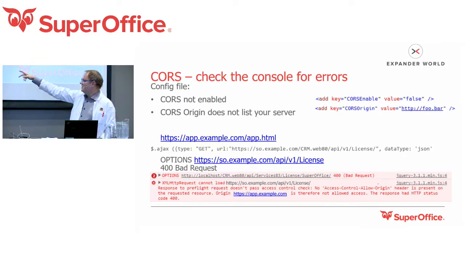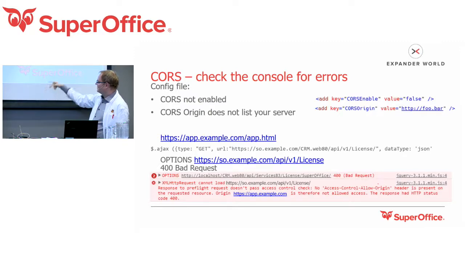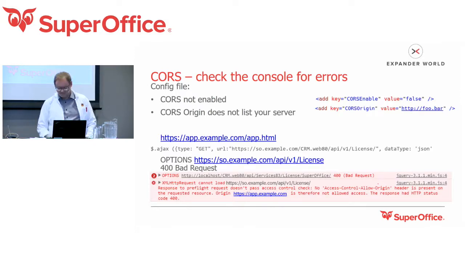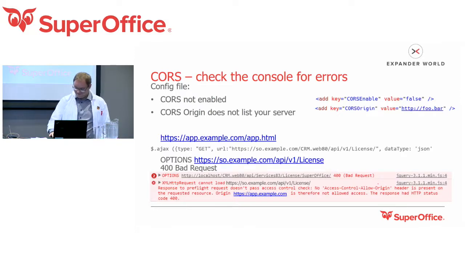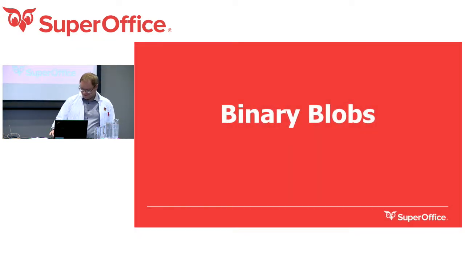It says, request cannot load, blah, blah, blah. Response to pre-flight request doesn't pass access control check. Origin is not allowed access. Response blocked. So if your JavaScript app is not working, this is probably why. Open up the console to see all of the lovely error messages.